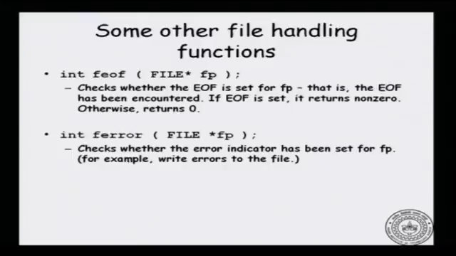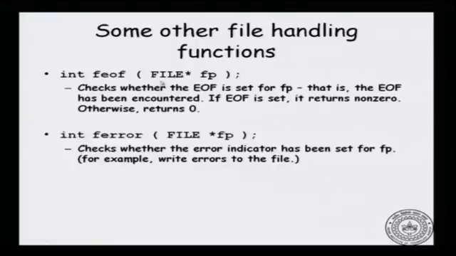The first function is feof, and it takes a file pointer. What it does is it checks whether you have encountered end of file while operating on FP. Maybe you are trying to read the file and you have already reached the end of file. If EOF is set, then feof returns a non-zero value.